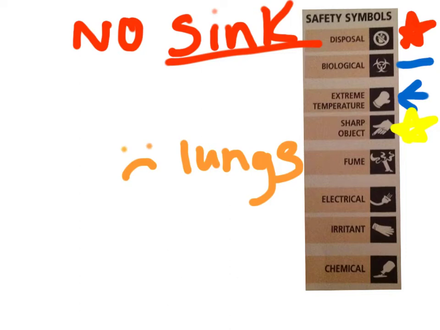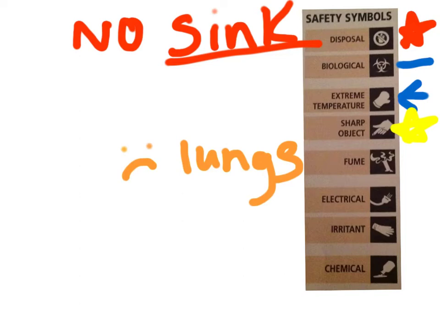Stuff like this will usually be dealt with in the fume hood anyway, so it's really not that big a deal. After that, we have electrical, which is pretty easy one, pretty straightforward. It means, again, that there could be possible danger from shock or being burned from electrical appliances.